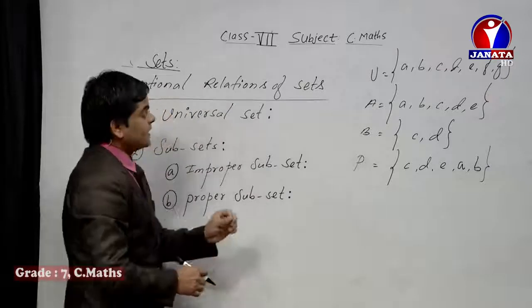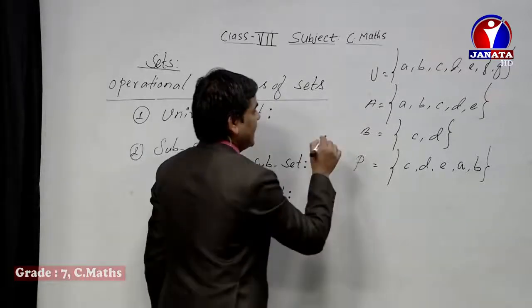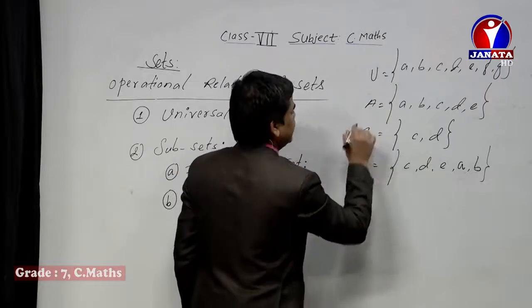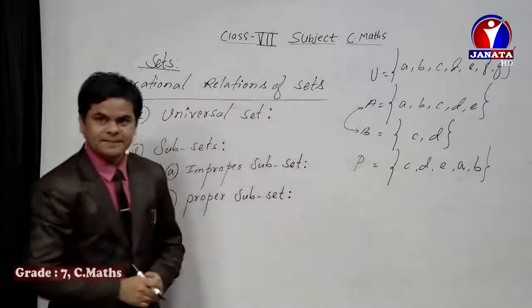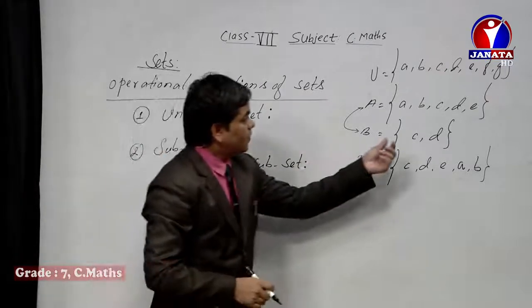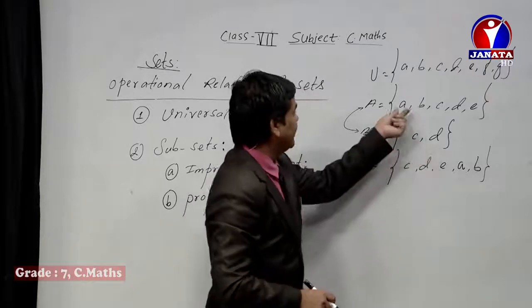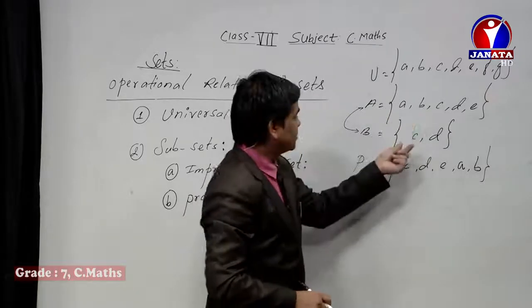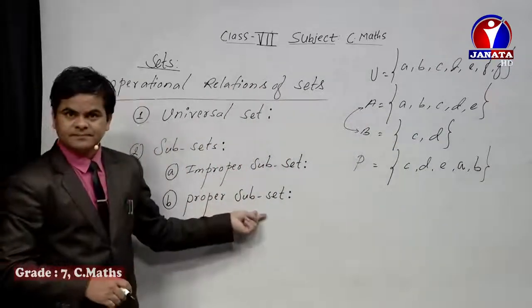But if you want to find out the relationship between sets A and B or A and P, let's see what happens. If you see the relation of sets A and B, what do we get? All the elements of set B are included in set A. This type of relation is known as proper subset relation.